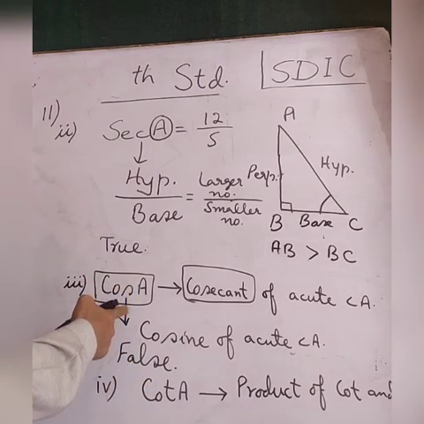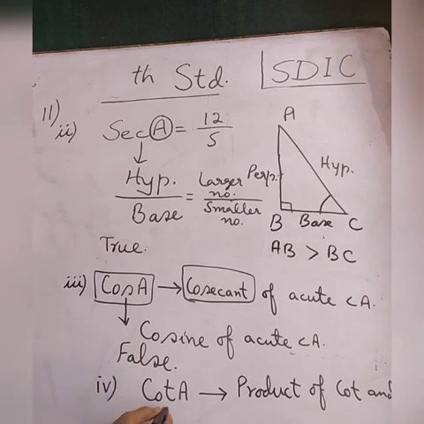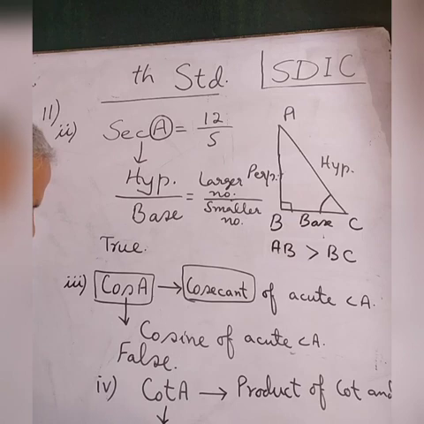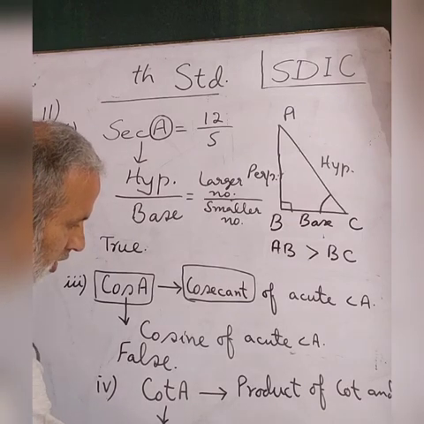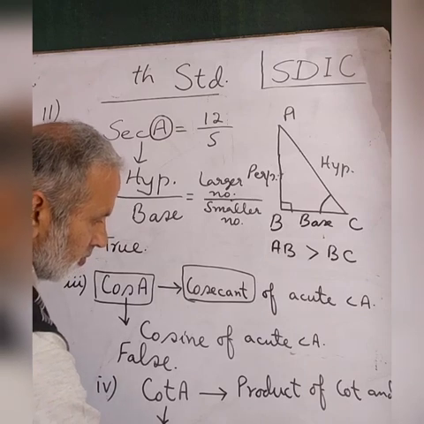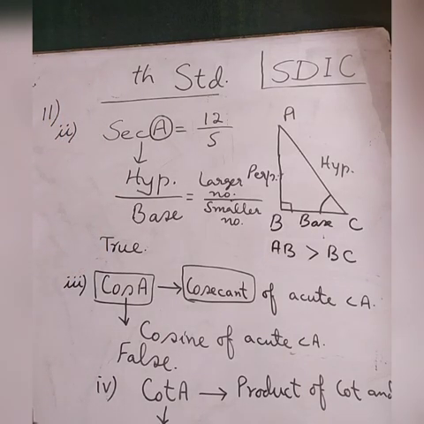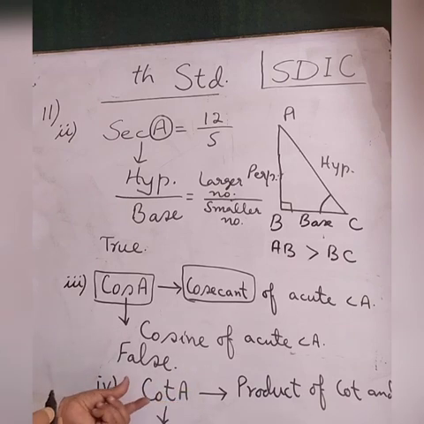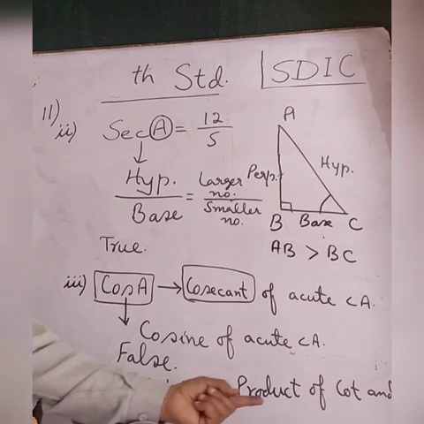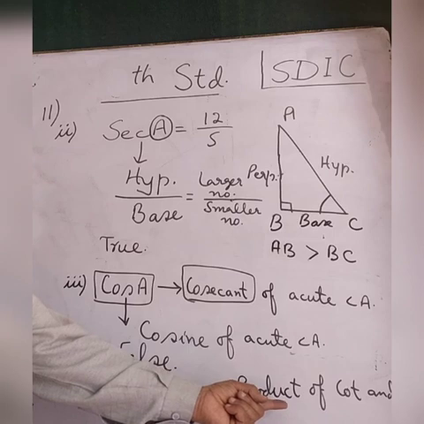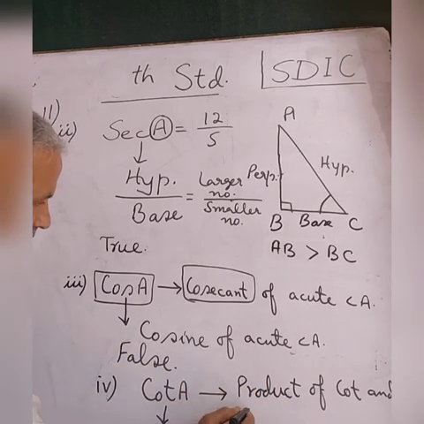Cos A is an abbreviation. Likewise, cot A also is an abbreviation. It is an abbreviation of cotangent of acute angle A. It is not the product of C, O, T and A, or it is not the product of cot and A as stated in the statement. Therefore, this is false.